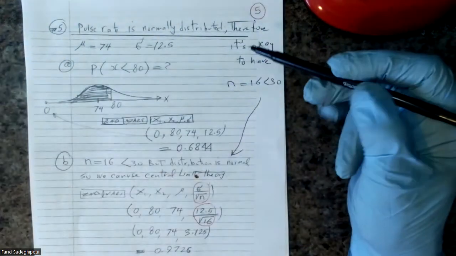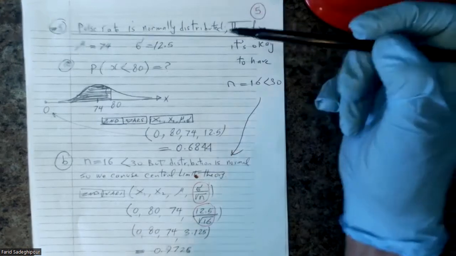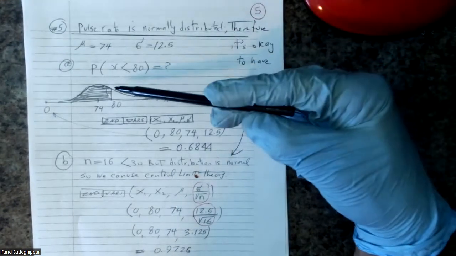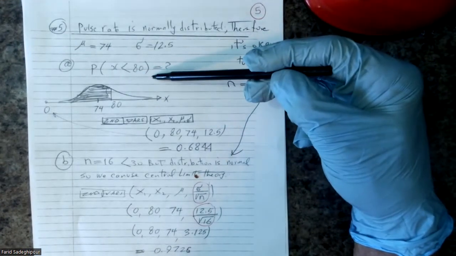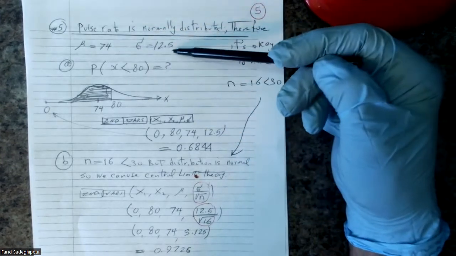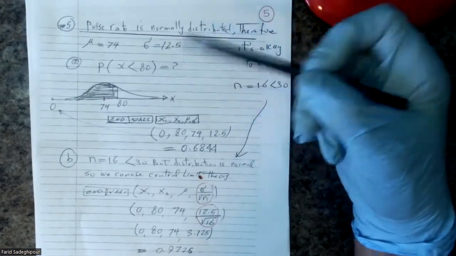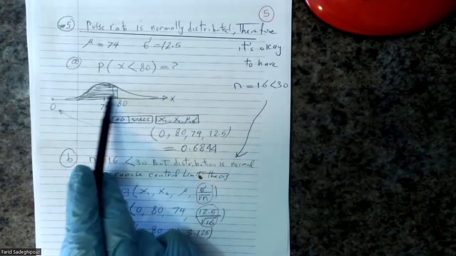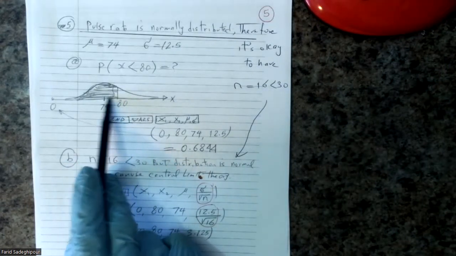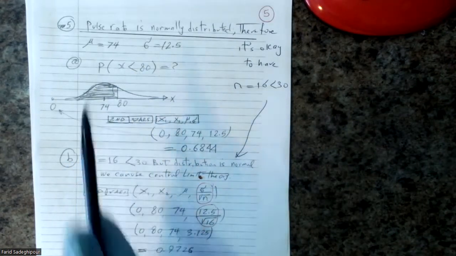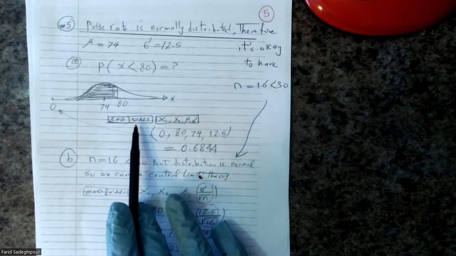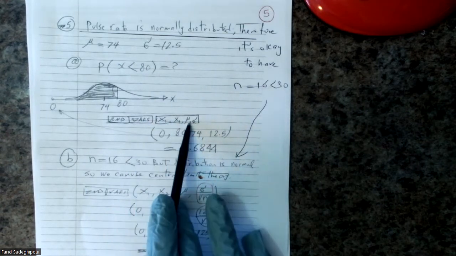So the first part of the problem is dealing with the previous sections. What's the probability of X less than 80? The mean and the standard deviation are given. So X less than 80 means we need to find this area. This area is the probability of X less than 80, which again is very simple to do using the calculator.